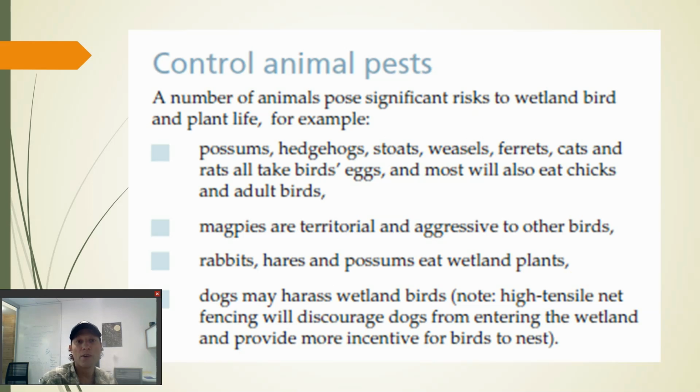Okay, a note about animal pests. This is not so much a problem around here, but periodically you might work in an environment where you have highly invasive animals that are going to represent a problem to your vegetative restoration. So an example I'm real familiar with is nutria along the Gulf Coast. This is a distant cousin of the muskrat.